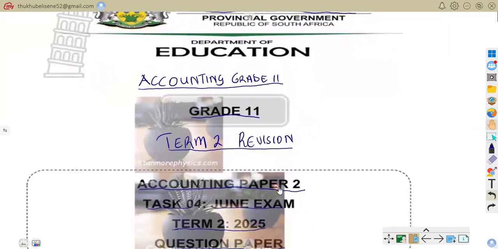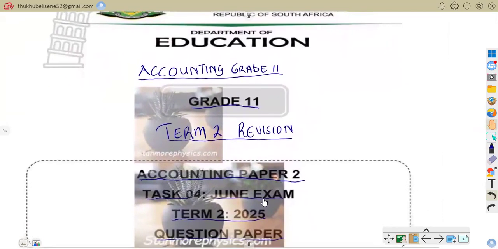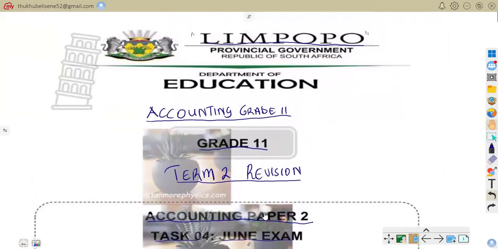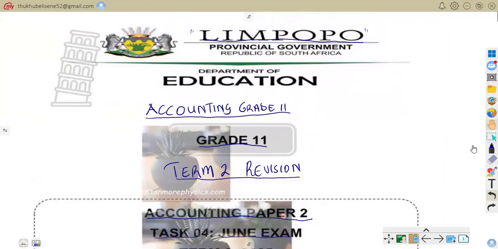This question paper was written in Limpopo in 2025. As we can see, it is the task 04 June exam, term 2 2025 question paper. So let us be together from the start of this presentation to the end of it.